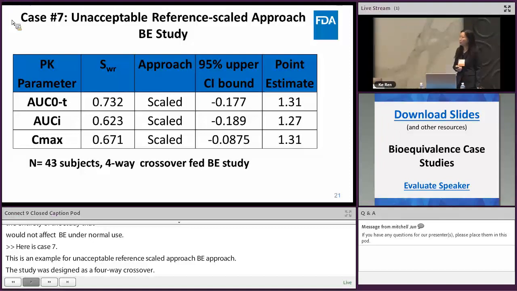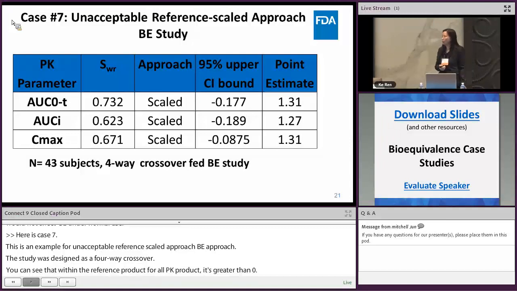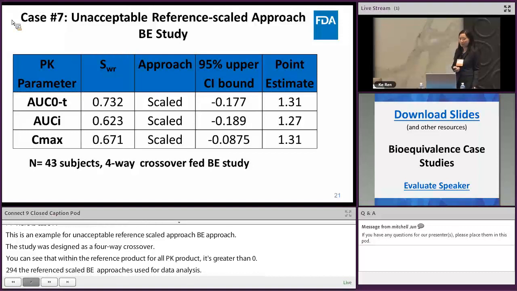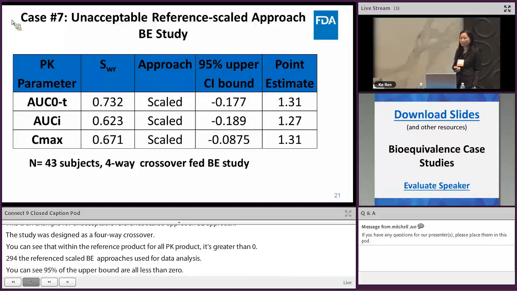Therefore, the reference-scaled BE approach was used for the data analysis. You can see the 95% upper bound is less than 0 for all. However, the point estimates for all the PK parameters are not within 0.8 to 1.25. So this study was found inadequate.